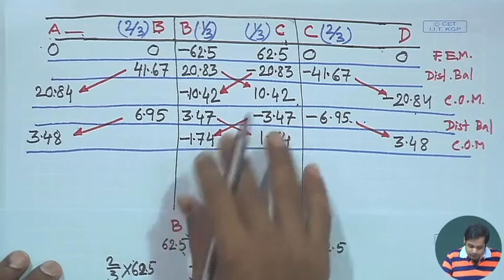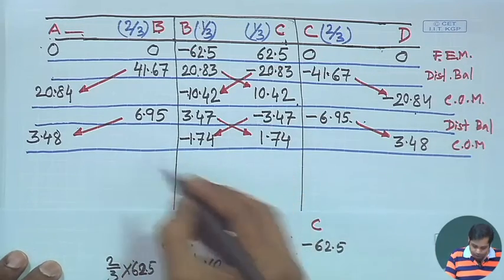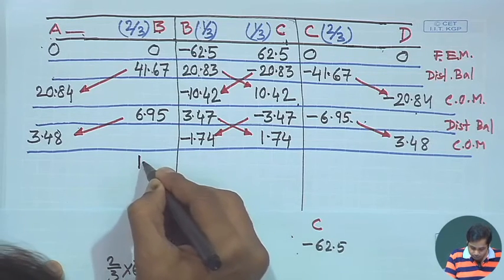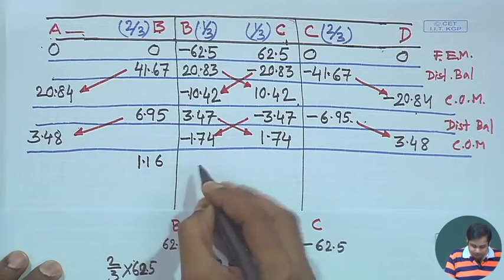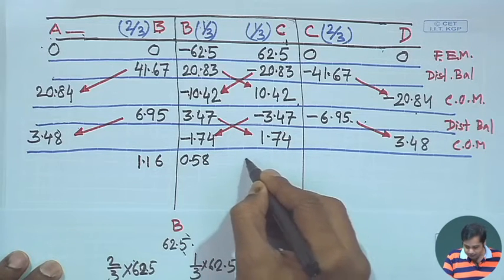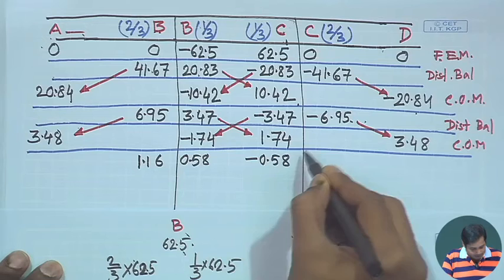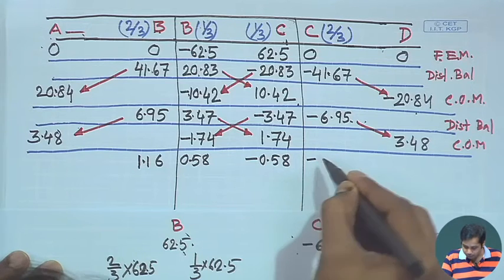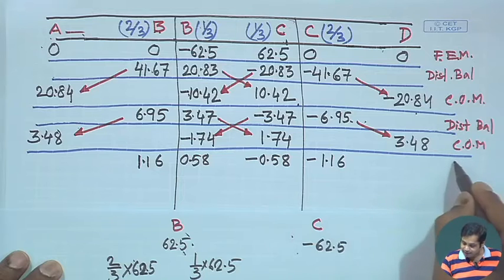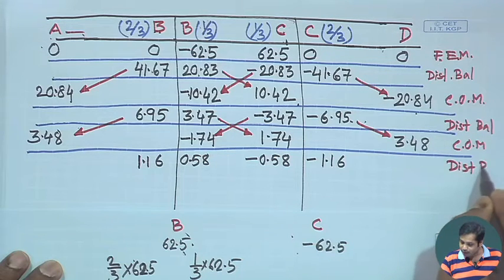Now that distributed moment will be here 1.16, and this value will be 0.58, and similarly it will be minus 0.58, and this is minus 1.16. Okay. So this is again a distributed balancing moment.